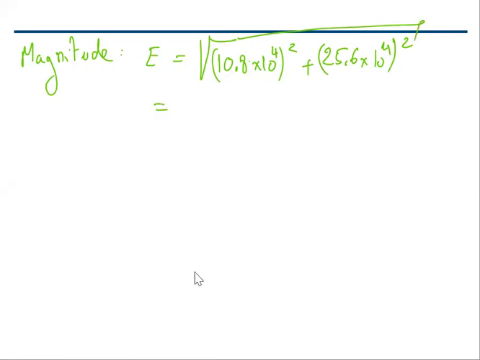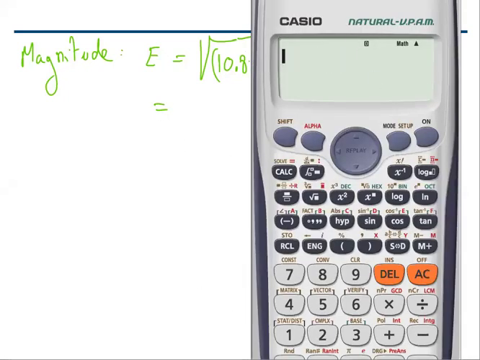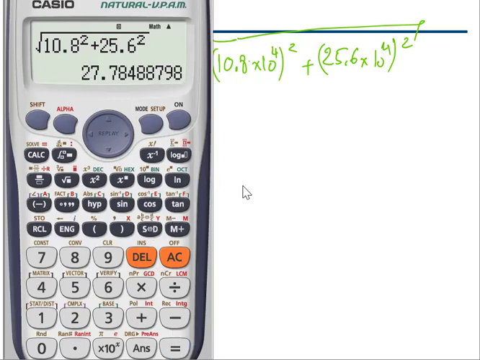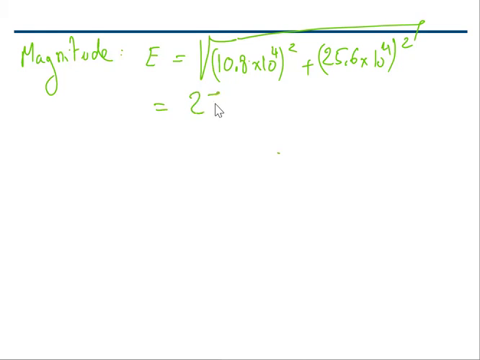So it's equal to the square root of 10.8 squared plus 25.6 squared, which equals 27.8 times 10 power 4 Newton per Coulomb.